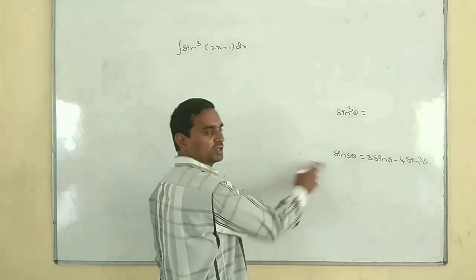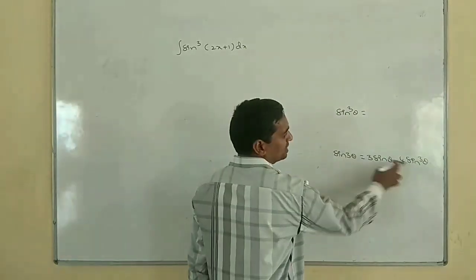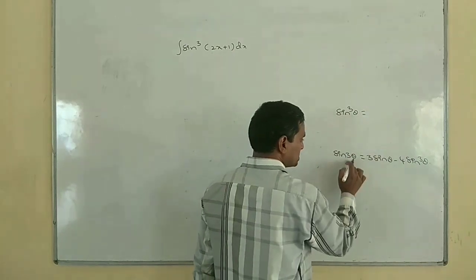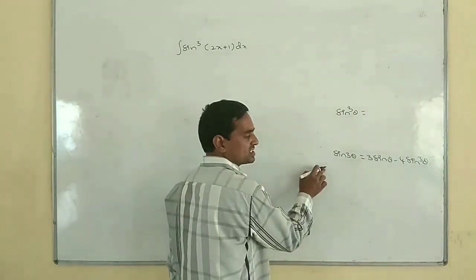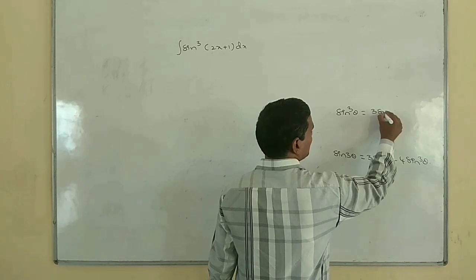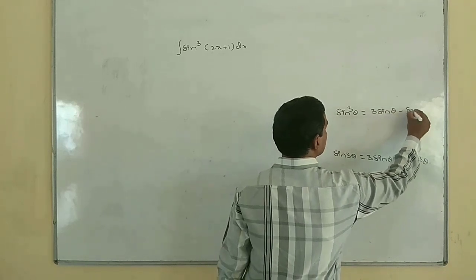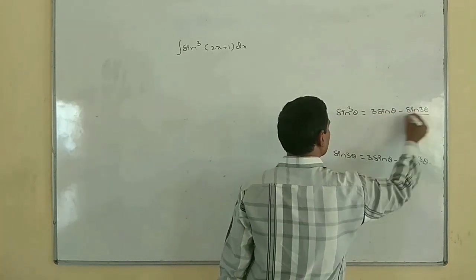From this formula, shifting terms to the side, you can write sin cube theta equals 3 sin theta minus sin 3 theta, whole divided by 4.